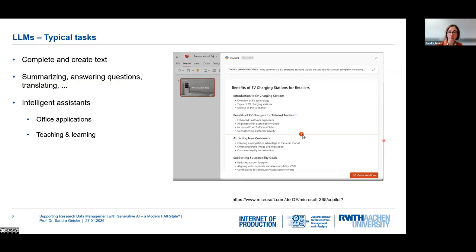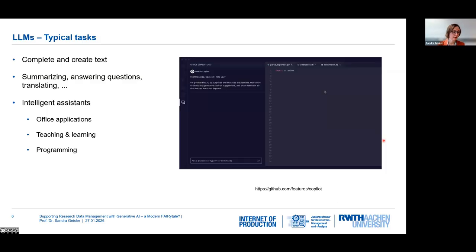For example, summarize lectures, video lectures, and create quizzes based on the lectures with LLMs. All of this support we are also trying out today in teaching at the university. Then programming can also be supported.